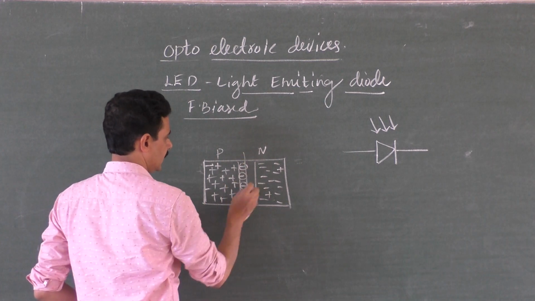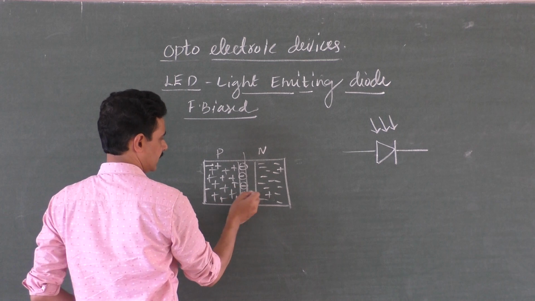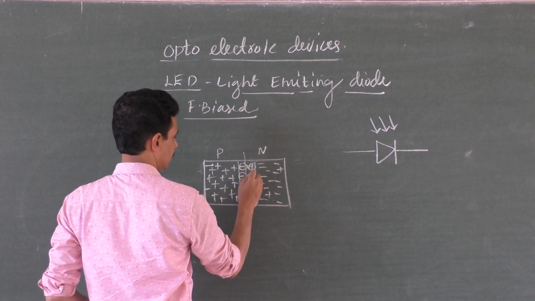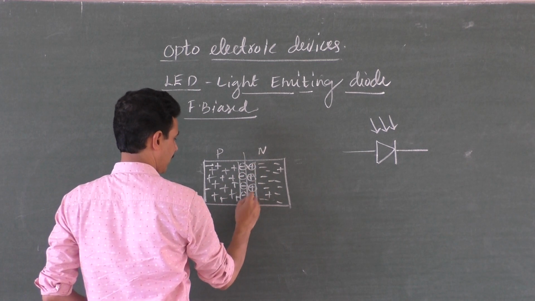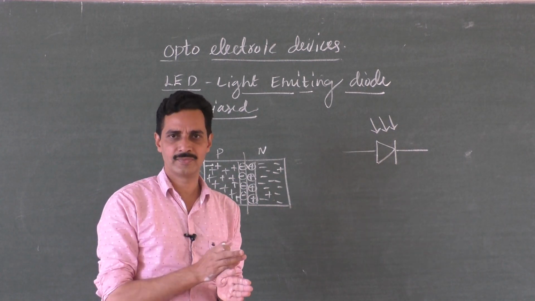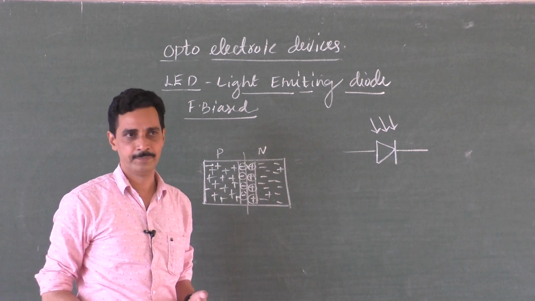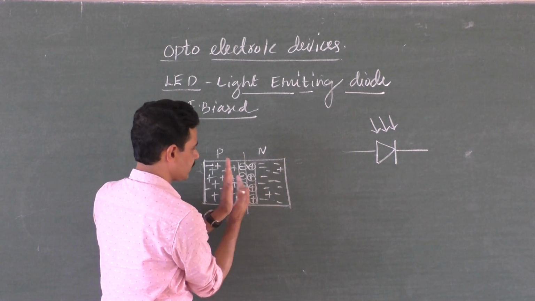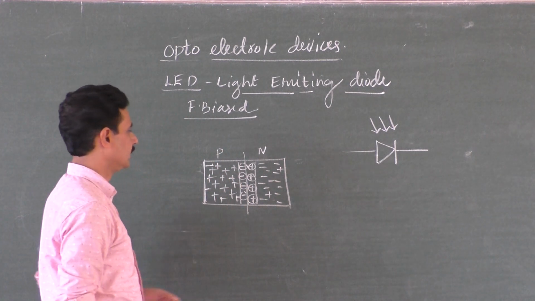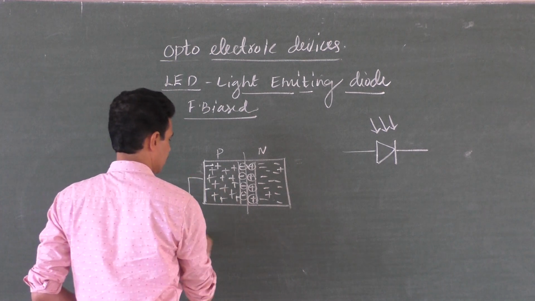Since these electrons have come from some pentavalent impurity here, this pentavalent impurity becomes positively charged, and this happens very near the junction first. The migration starts near the junction first. So that's why depletion layer is formed near the junction, not somewhere away, because crossing takes place first at the junction.